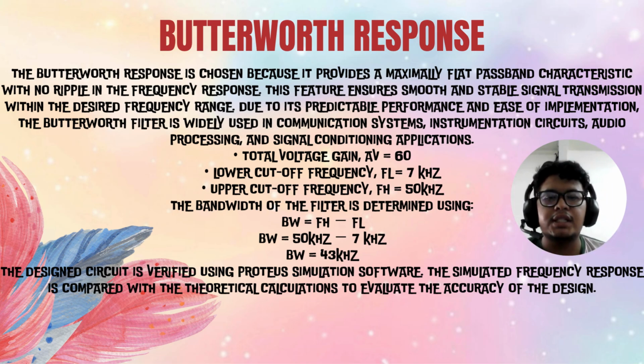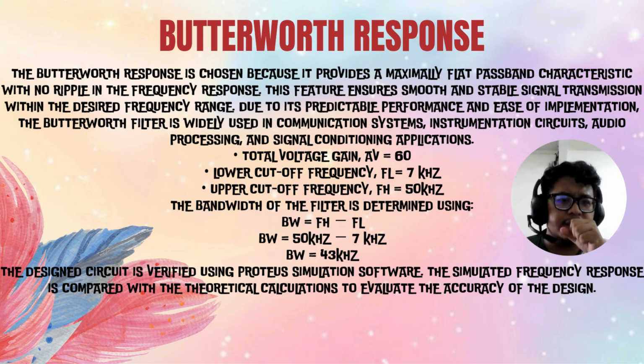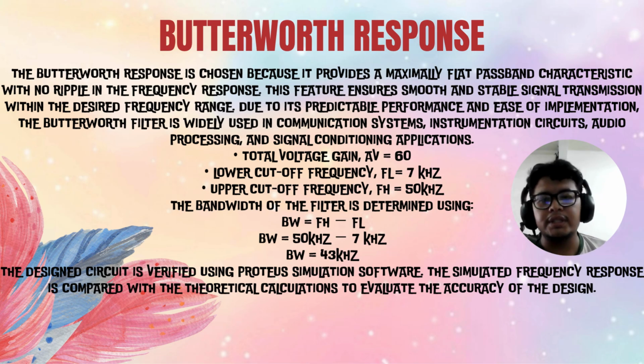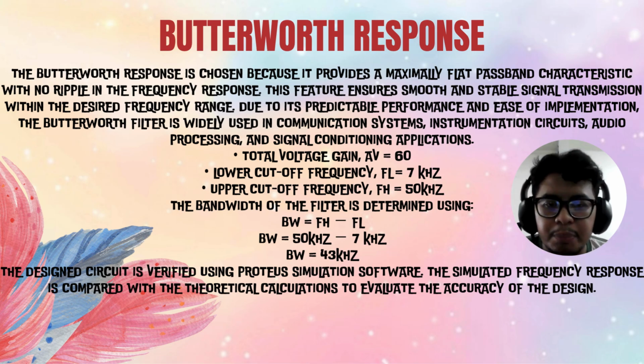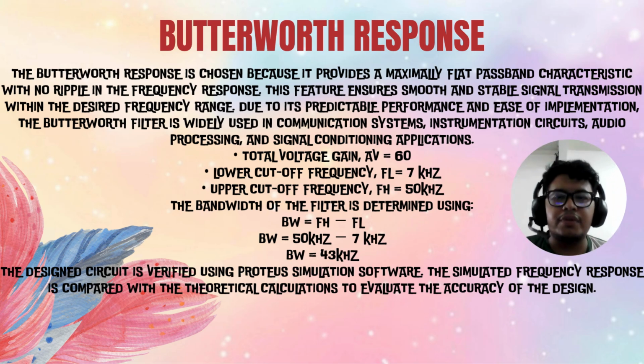So as you can see, this is our filter specification. The total voltage gain AV is 16, unitless, the lower cutoff frequency FL is 7 kilohertz, and the upper cutoff frequency FH is 15 kilohertz. Then the bandwidth of the filter is determined from these.